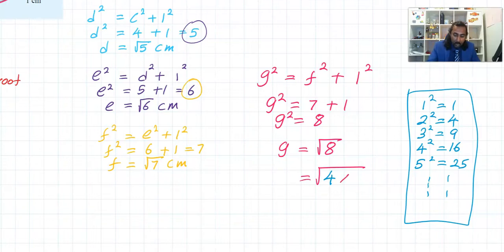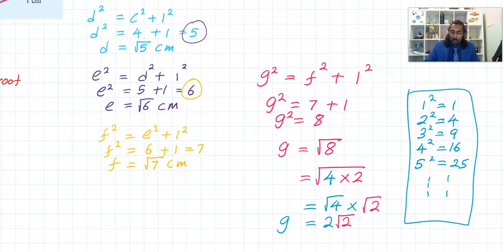Therefore, I'm going to color code here nicely so that you know what I'm writing. Now I can split this one as square root of 4 times square root of 2. I know square root of 4 is 2. Therefore, our answer for G is 2 times root 2. Of course, I can write down this in the color that I picked, so that it is very clear for you what we are doing here.